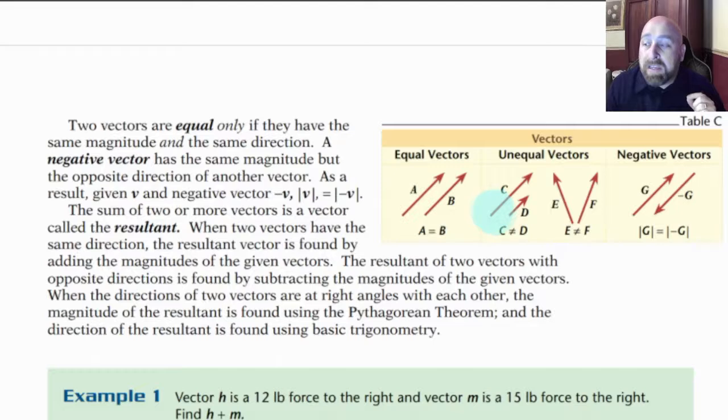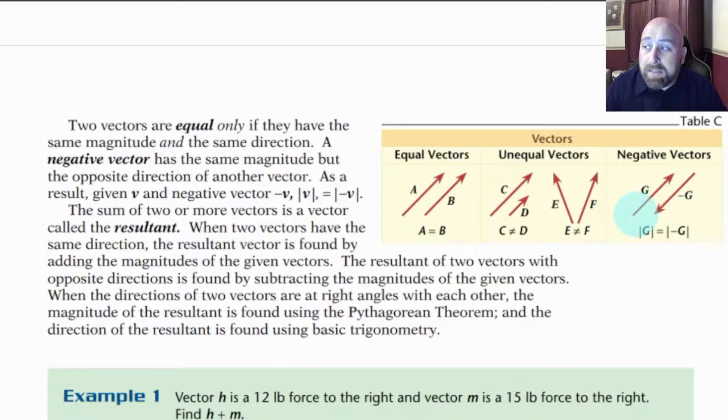Now look at C and D. They're going in the same direction, that's fine, but they don't have the same magnitude. In other words, C is going faster than D. D is going slower. And so C does not equal D. Those are unequal vectors. Or if they're the same speed but going in different directions, those would be unequal vectors.